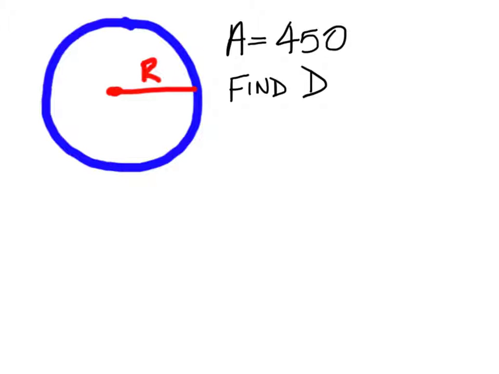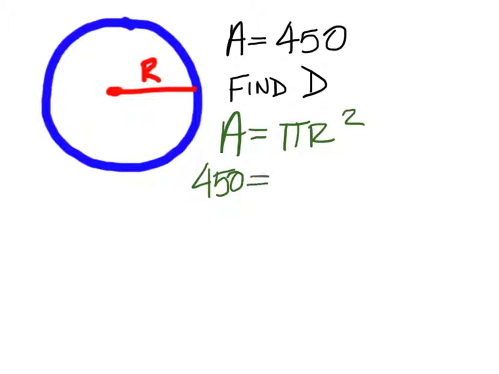So you're given the area, but this time you have to find the diameter. So whatever you're given, that's what you're going to have to use the formula for. So if you're given A is 450, you need the area formula. Pi r squared. And now plug in the 450 for A. And you want to get r squared by itself.